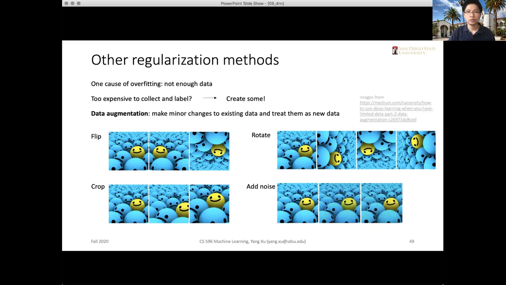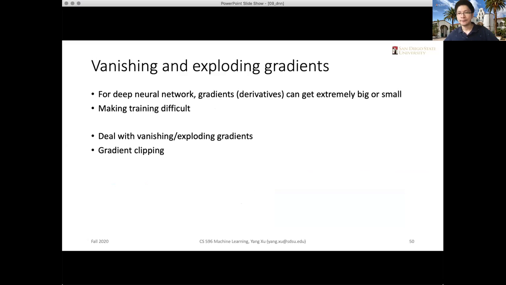Okay, so now we are going to introduce another issue that is very common in training a deep neural network. It's called vanishing or exploding gradients. The gradients are the quantities that we compute to update the parameters.